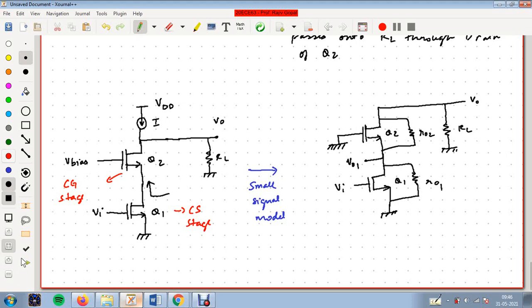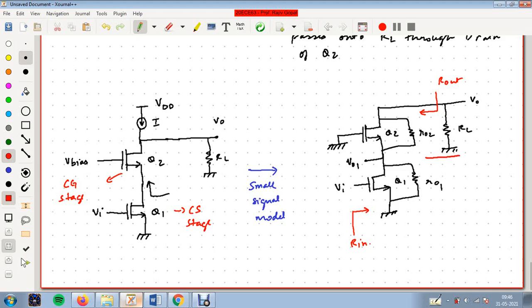So the impedance seen in this direction I will call Rin. This impedance seen in this direction, I will call Rout, of the entire cascode amplifier. Rin is the input impedance of the cascode amplifier. Rout is the output impedance of the cascode amplifier on the whole.